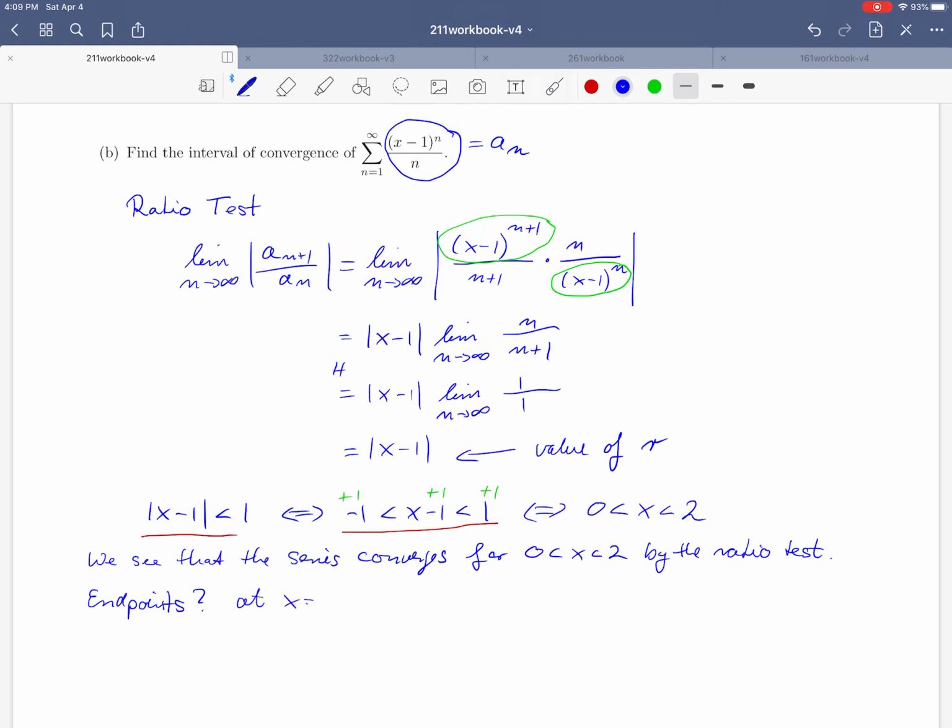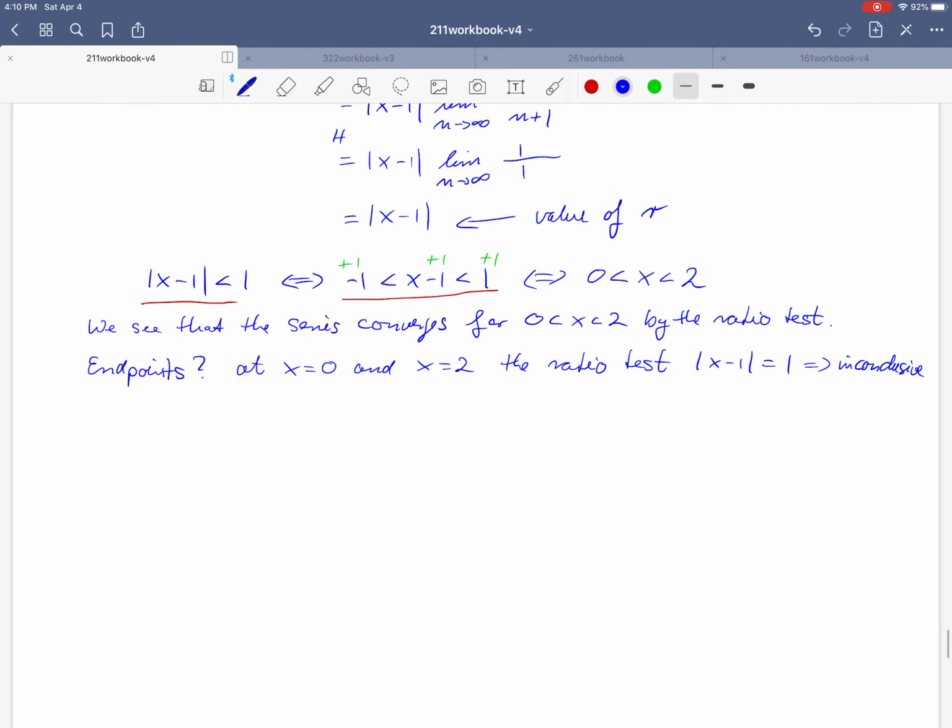So at x equals 0 and x equals 2, the ratio test gives us the absolute value of x minus 1 equal to 1, so that's inconclusive. We can't use it. We have to examine the endpoints separately.